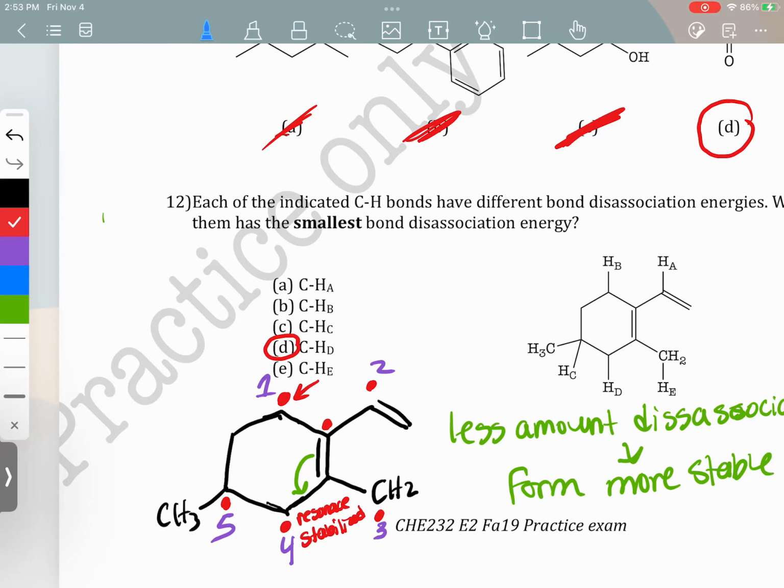So it's always going to take a greater amount of energy to break a bond that is very strong. sp2 hybridized bonds are strong. So the highest would have been A. The least is D. Any more questions?